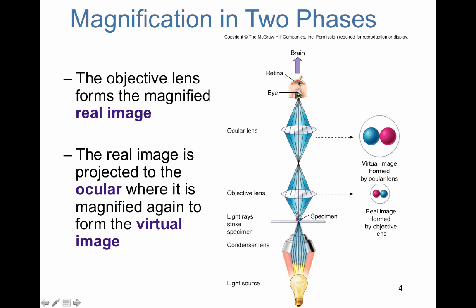Now, one thing to mention here is that when you are looking through that ocular, whether you're using a monocular or one that has 2 eyepieces, the real image is projected to the ocular, what you're looking through, where it is then magnified to form the virtual image. So you're actually looking at an inverted version of the real image or the real object.